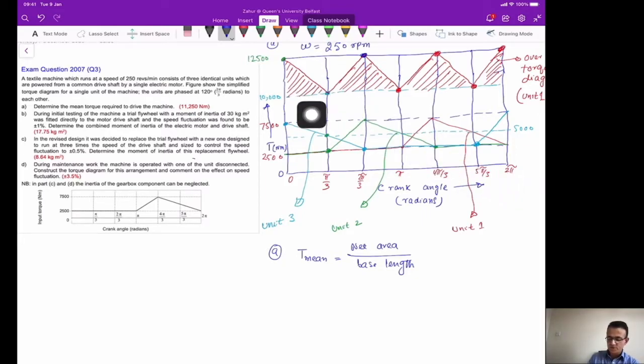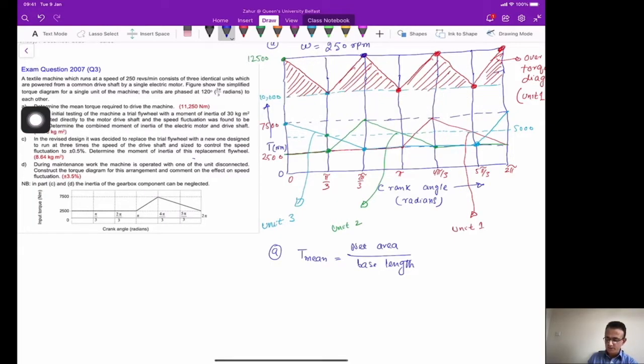But in this case, because it's relatively straightforward, because these are just equal triangles, and you can see that the positive area and this negative area, which is here, are exactly the same.